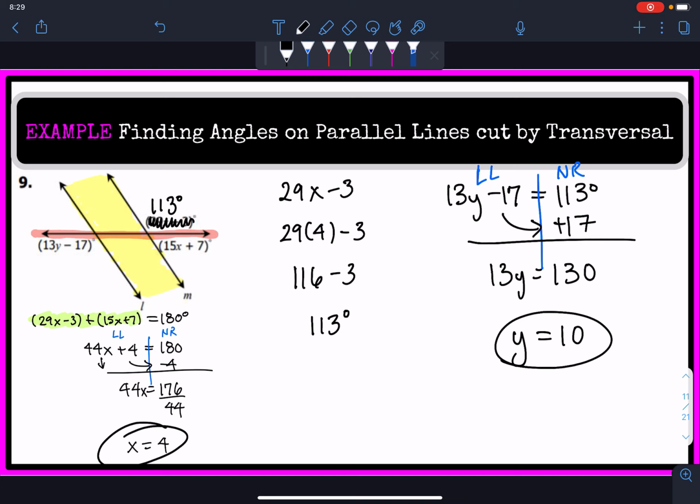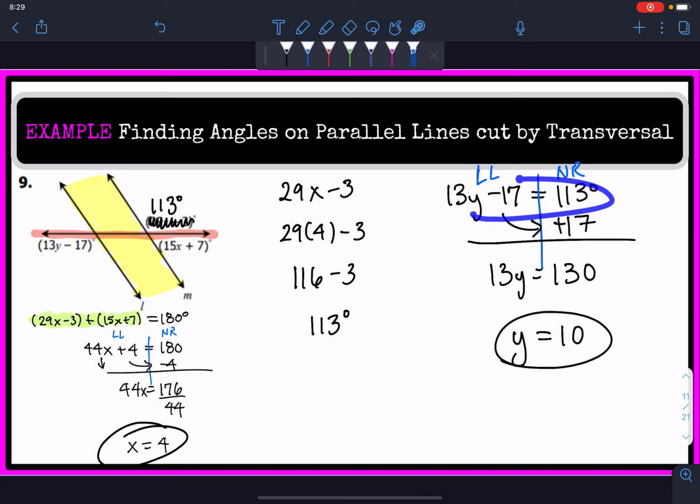So just to recap, when you're trying to set up the equation and you cannot really determine what the angle relationship is, whether they're alternate interior, corresponding, linear pairs, consecutive interior, any of that stuff, then rely on just the angle size. You should be able to identify by looking at the angle, oh, this is an obtuse angle and this is an obtuse angle, so they will equal each other, just like I did in the example there.